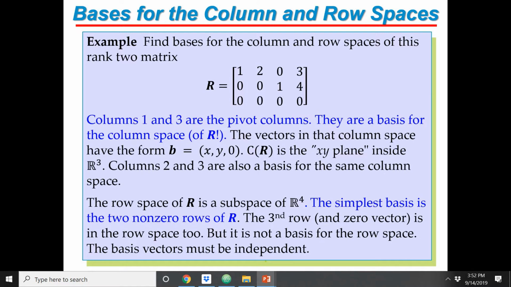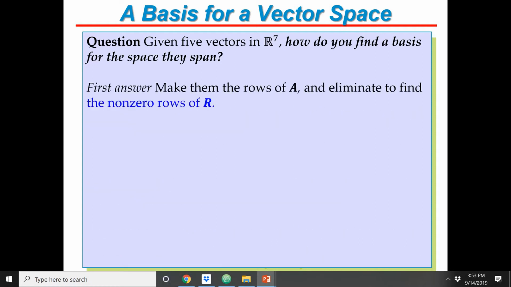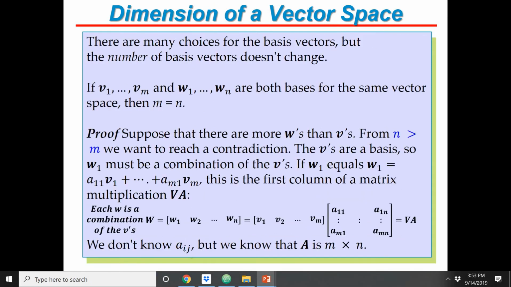So let me discuss something that I think I referred to before. I'm going to bypass all of these things here. The question that I brought up before is that we have many basis vectors for a vector space, but somehow the dimensionality, the number of vectors in each basis, is always the same.